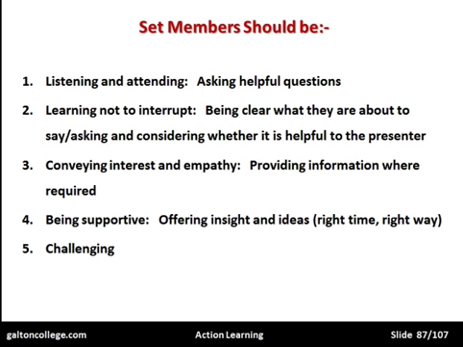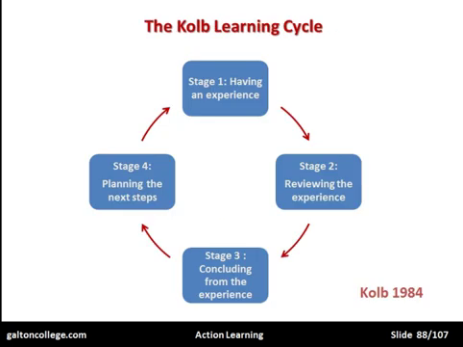So a lot of this is based on the Kolb learning cycle, which is also dealt with in separate videos. But we have an experience, stage 1. We review the experience at stage 2. And having reviewed it, we conclude from the experience. We learn from the experience.